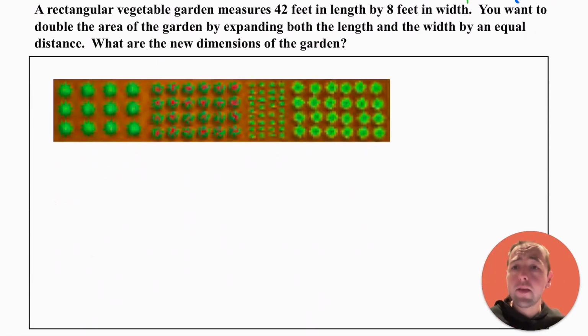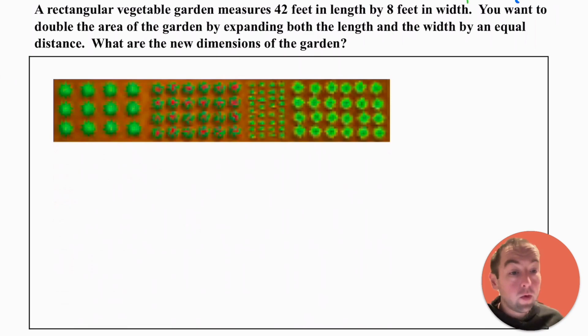So in the second example right here, we have that a rectangular vegetable garden measures 42 feet in length and 8 feet in width. You want to double the area of the garden. And in order to do so, you'll expand both the length and the width of this garden by an equal distance.